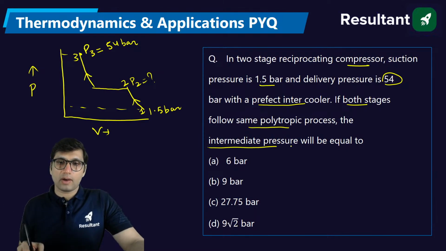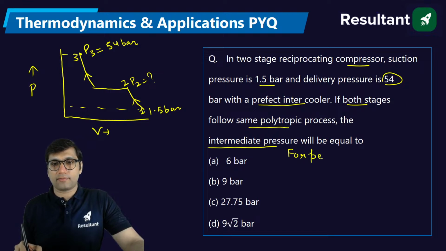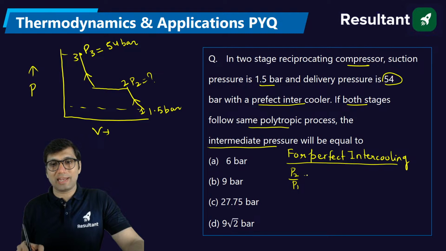Now you know that for perfect intercooling, you must have read this formula. For perfect intercooling in a two-stage compressor, there are some important points. When perfect intercooling takes place, the pressure ratio in each stage becomes equal.